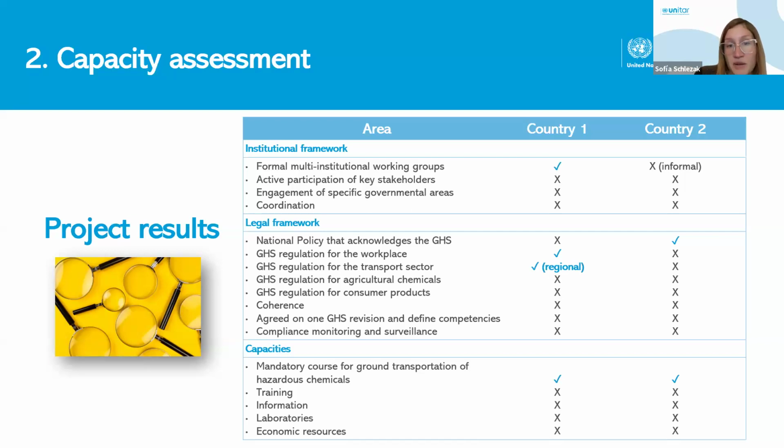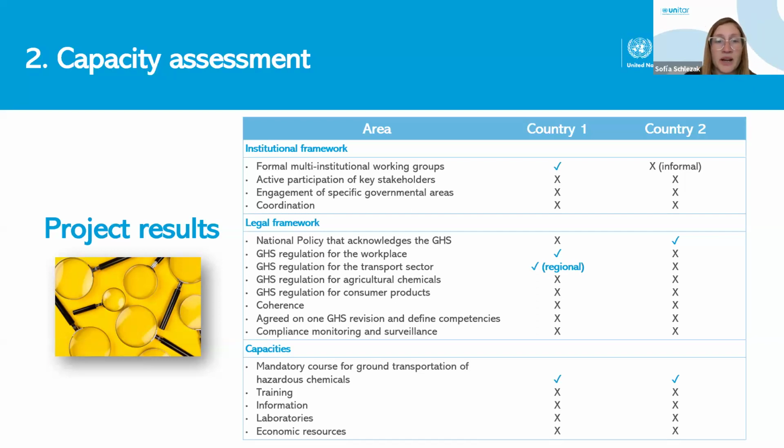Then we have legal framework. So we saw that one of the countries had already a national policy that was very broad and included different areas of chemicals management. And one of those areas was GHS implementation. So that is a good starting point, and you can take that as a first reference when you are drafting specific legislation for a specific sector. Then we also analyzed legislation in different sectors.